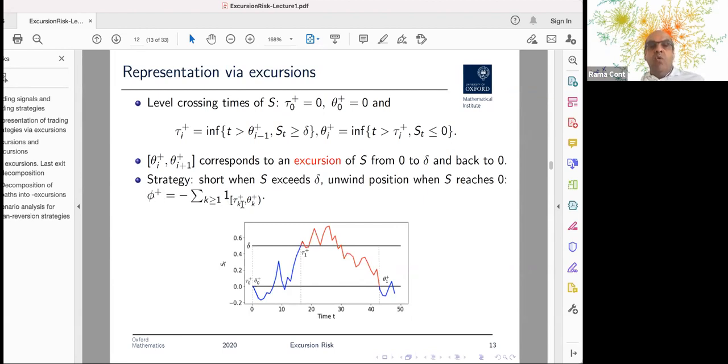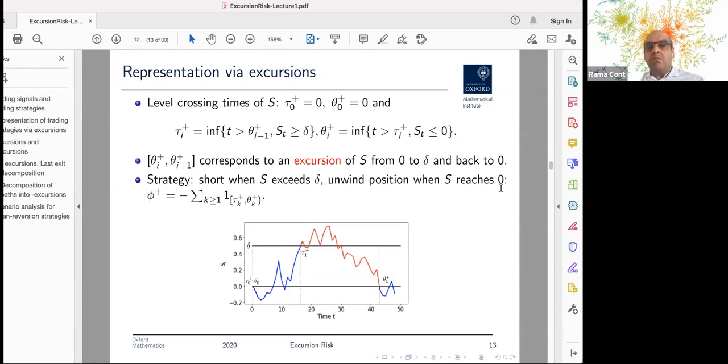It's simply: short the portfolio whose price corresponds to S, when you reach delta, you short, and then you hold it until you reach 0 again, and then you unwind. That's it. So it means that in the blue part of the trajectory, I hold nothing, and in the red part, I short the portfolio. So short when S exceeds delta, unwind the position when S reaches 0.